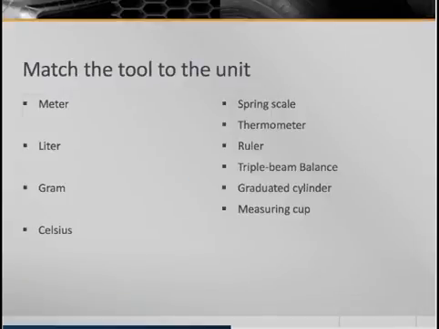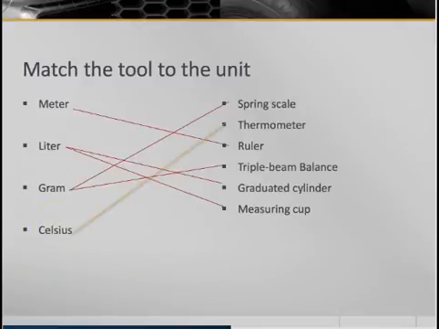So see if you can mentally match the tool to the unit. What is a meter going to be measured with? What is a liter going to be measured with? Or a gram, or degrees Celsius? If you guessed here, you are correct.